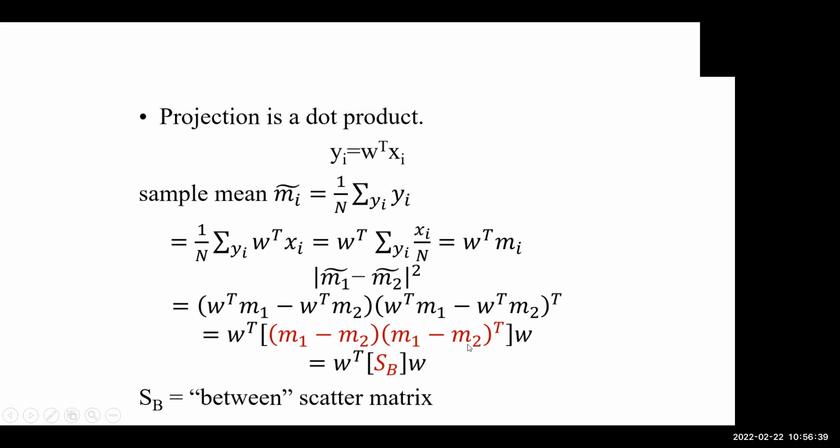And we can take this stuff in the middle, the product of the difference of the means, and we're going to call it SB, which is a scatter between, the difference between the two means. Just the name that's been given to it historically.